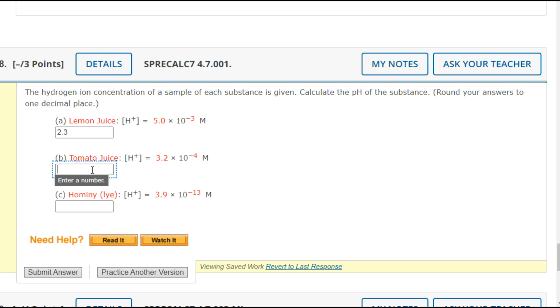You get 3.49, or rounded to one decimal place would be 3.5. But it's still acidic because it's not neutral. Neutral, I think, is 7.